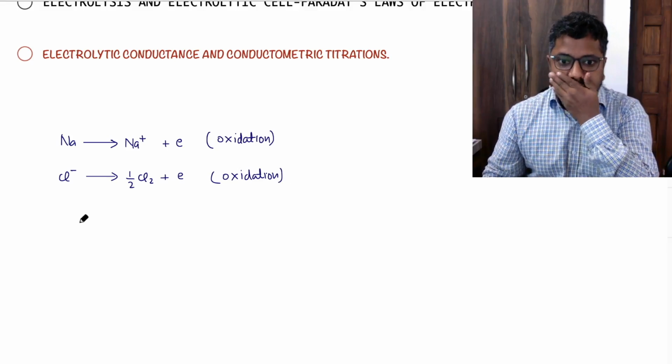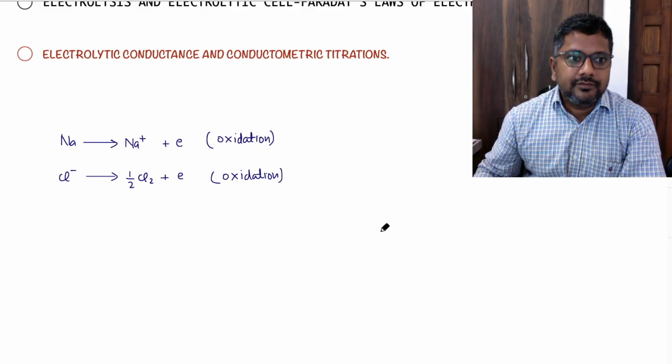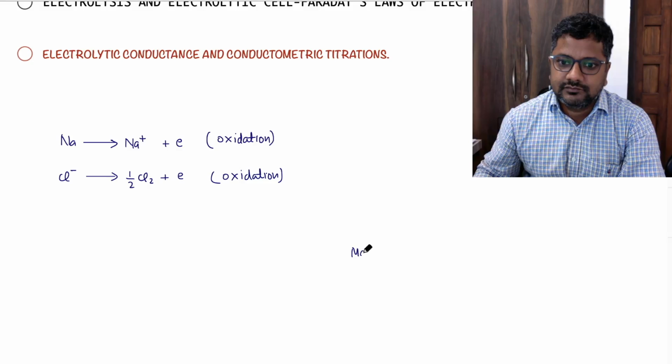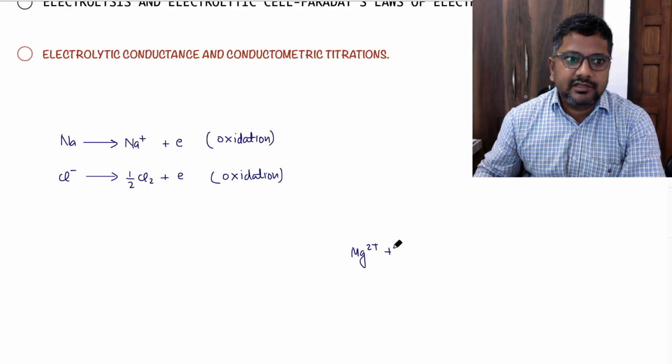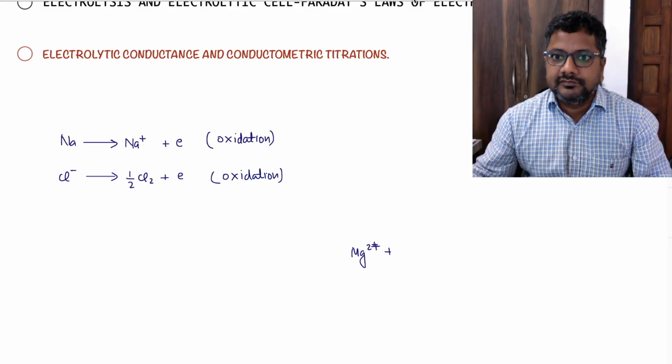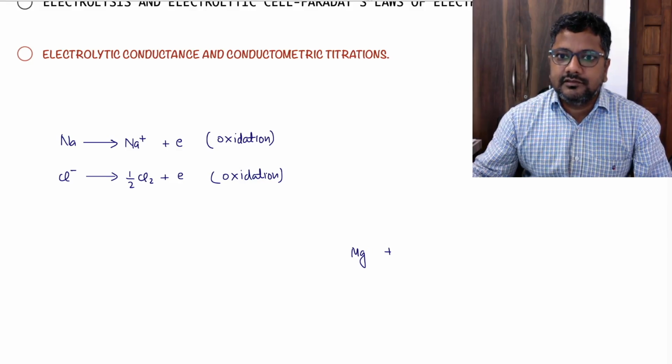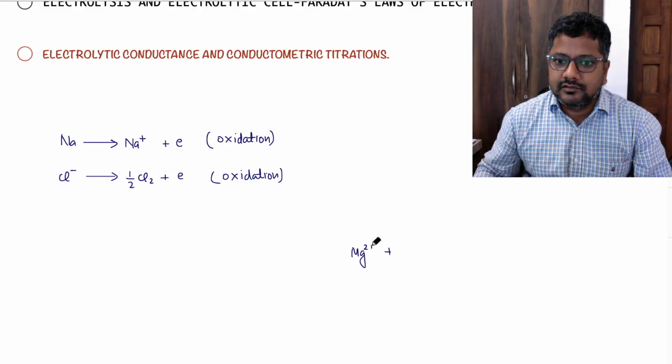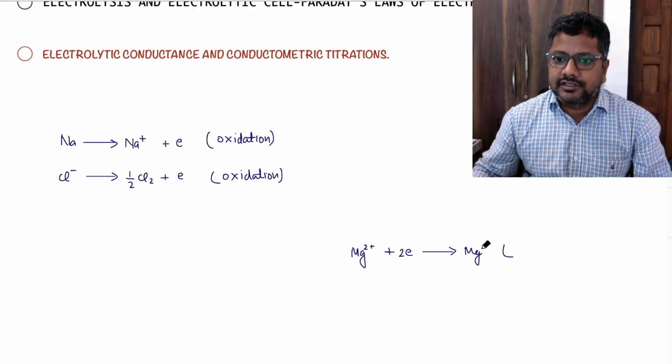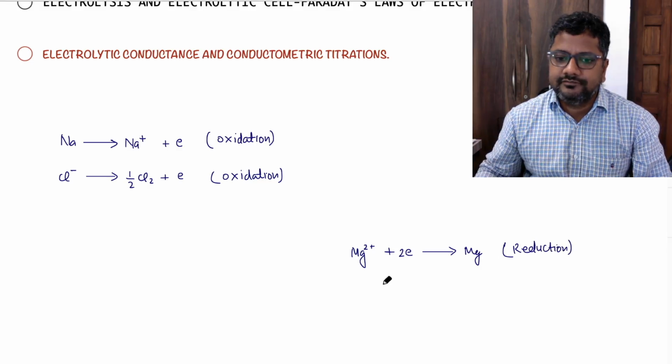Similarly, if you take Mg2+ plus 2 electrons gives Mg, this is a reduction reaction.